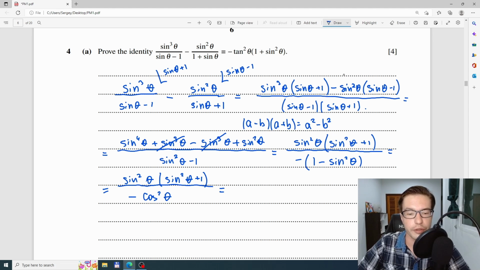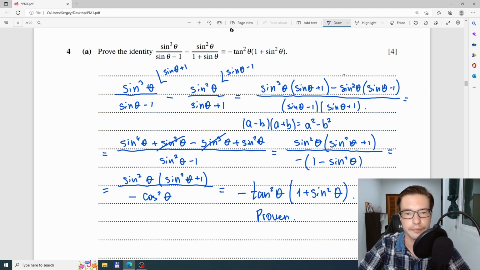Now, sine squared over cosine squared is tangent squared. We've got this minus, which is not going to go anywhere. Then in the brackets we get sine squared plus 1, which is the same as 1 plus sine squared. Which is exactly what we had to prove. Okay, so proven.